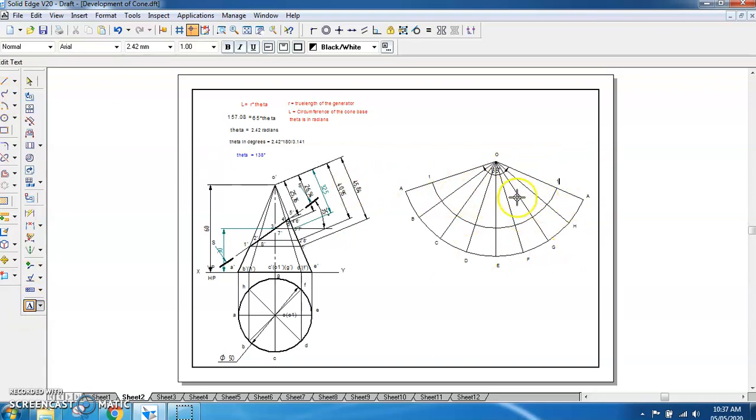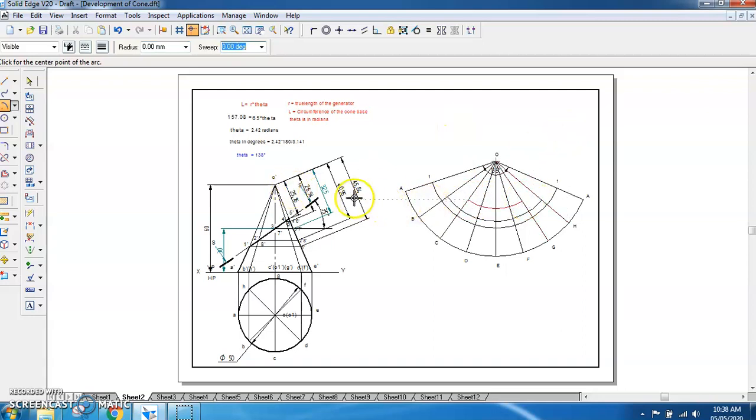So on OA you have got 1, then you have got 2 and 8. The 2 and 8 distance is 40.95, so enter 40.95 from here, on BO and HO. Then 3 and 7 is 32.5, so again an arc on CO of 32.5, from here get it here.